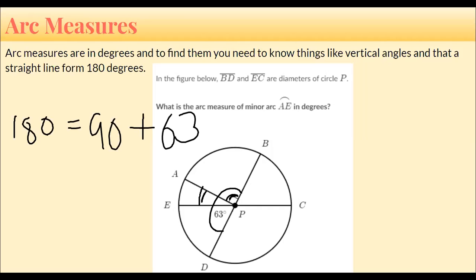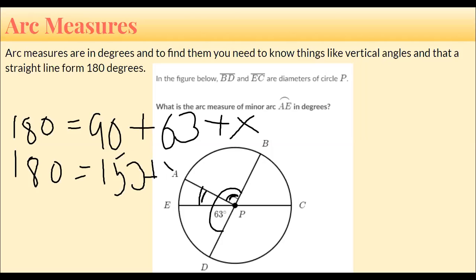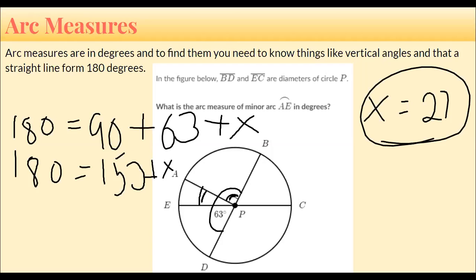And let's call the other angle X. So 180 is equal to 153 plus X. So X is equal to 27 degrees. That is simple. Okay, that was just an introductory problem.